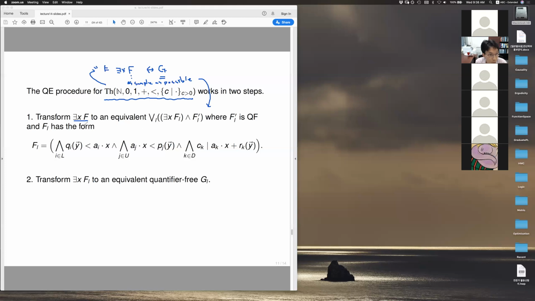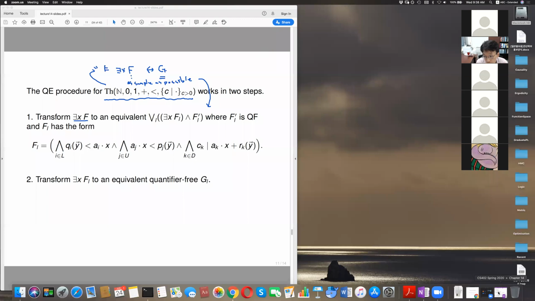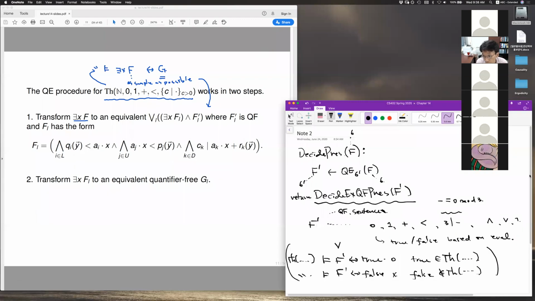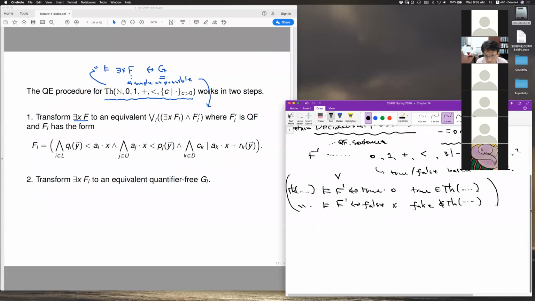Now, how does the first step work? It is like the one we saw before, so just a reminder. Step 1 consists of multiple phases. The first phase is removing negation.